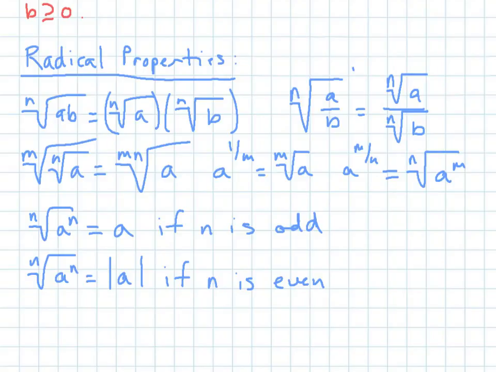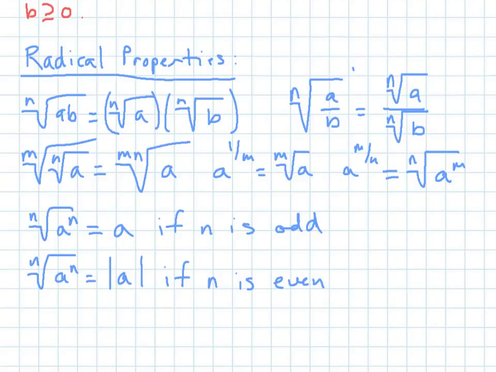But then if you have the second root or the square root of a squared, then you can only get the positive one, because remember, you can't have a negative base underneath an even root, because that would be imaginary. And so that's why they have absolute value signs here.